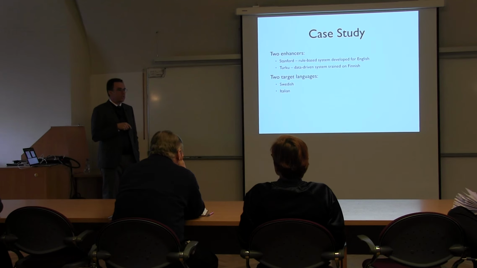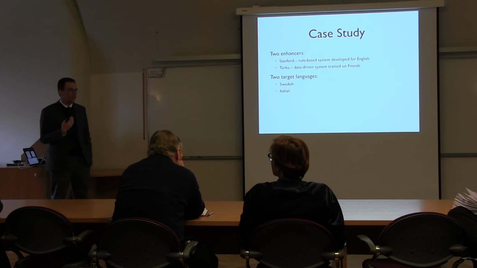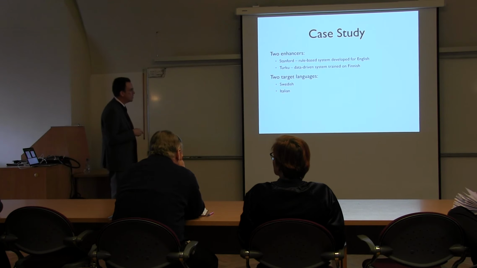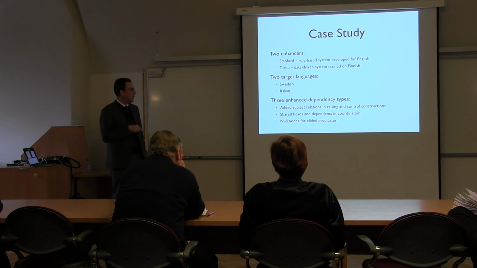2 target languages, for completely opportunistic reasons. We chose Swedish and Italian because both I and my Italian colleagues were interested in trying to develop enhanced treebanks for these languages. And we focused on 3 of the 5 types of enhancement that I talked about: the added subject relations, the so-called propagation of dependencies in coordination, and the null nodes for elided predicates.